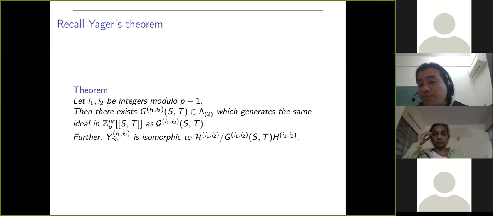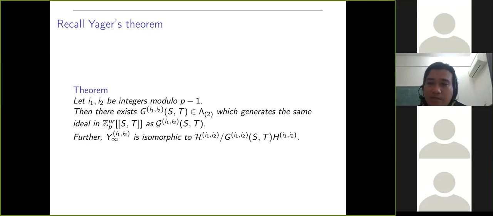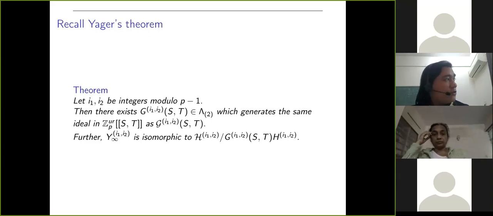When I asked John Coates, he said that in the supersingular case, he doesn't know how to construct the p-adic L-function for CM elliptic curves over the full p-torsion points. Yes, I think so.